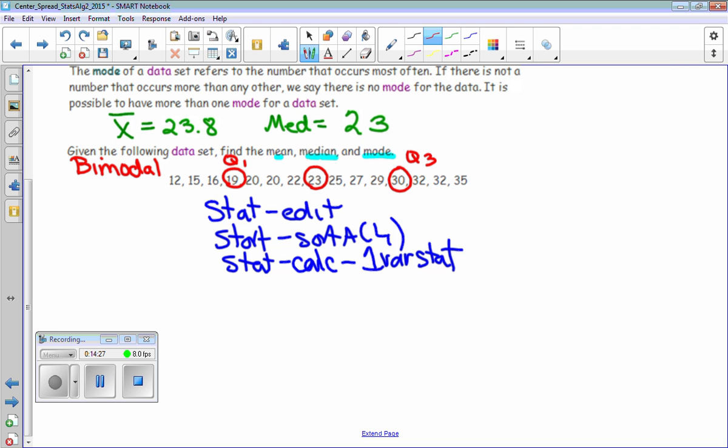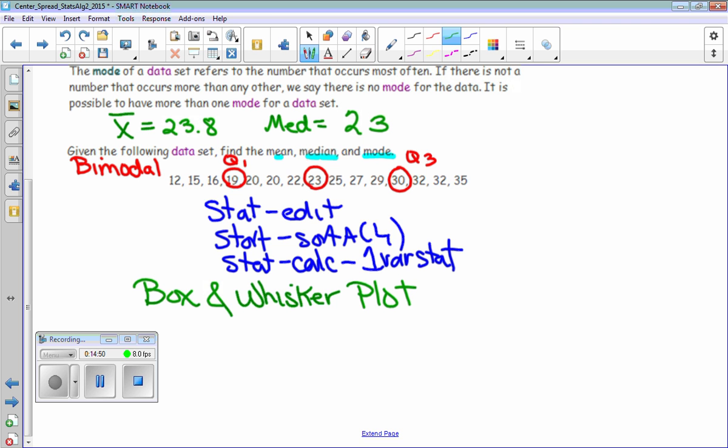Now, what do I use the quartiles to create? Do you remember from Algebra 1? A box and whisker plot. Go ahead, Travis. Exactly right. So if I wanted to create a box and whisker plot from this, I'm going to use the quartiles, okay?